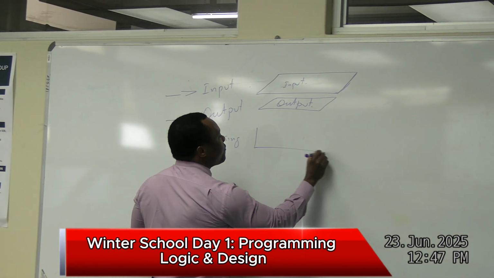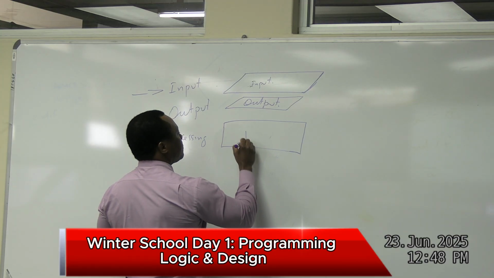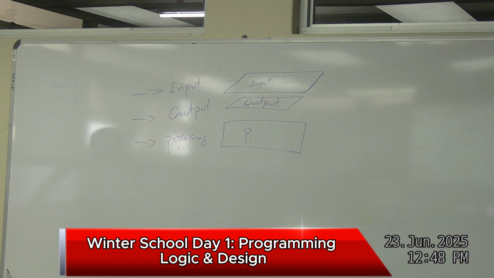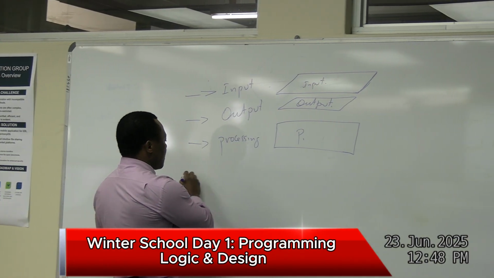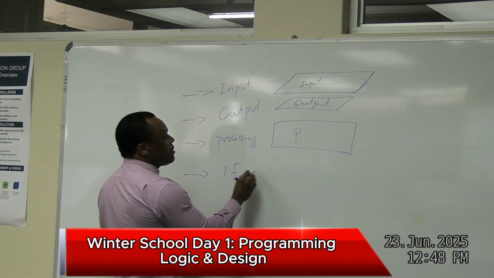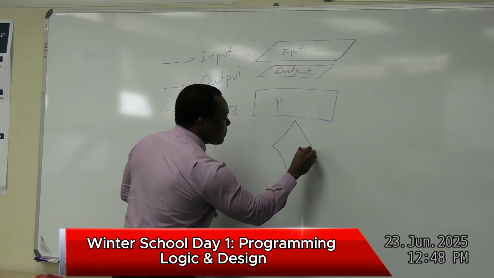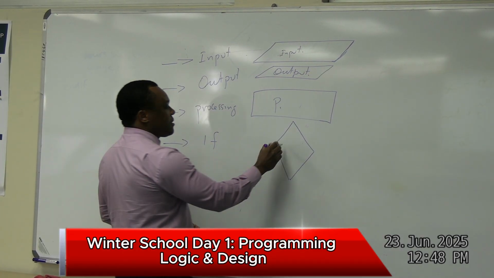The shape of processing is a rectangle. If you find an if condition, the shape of the if condition looks like a diamond. Your if condition, that is if.